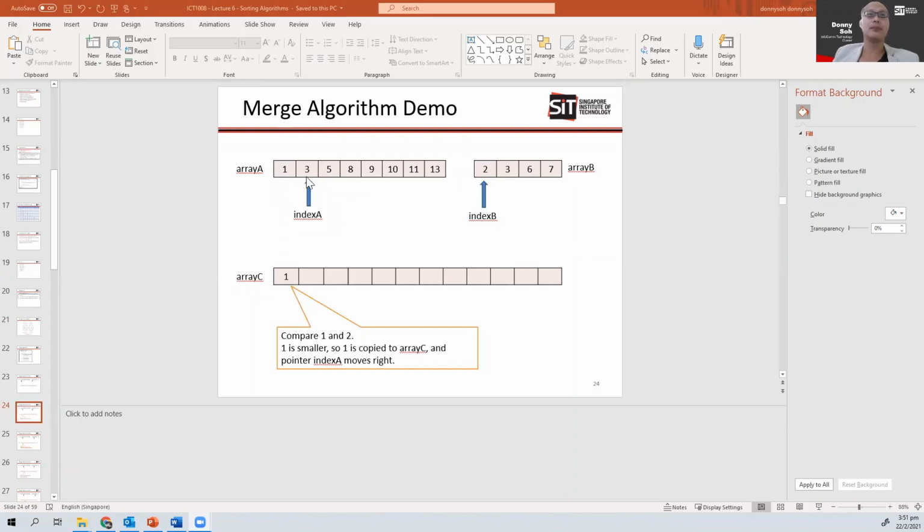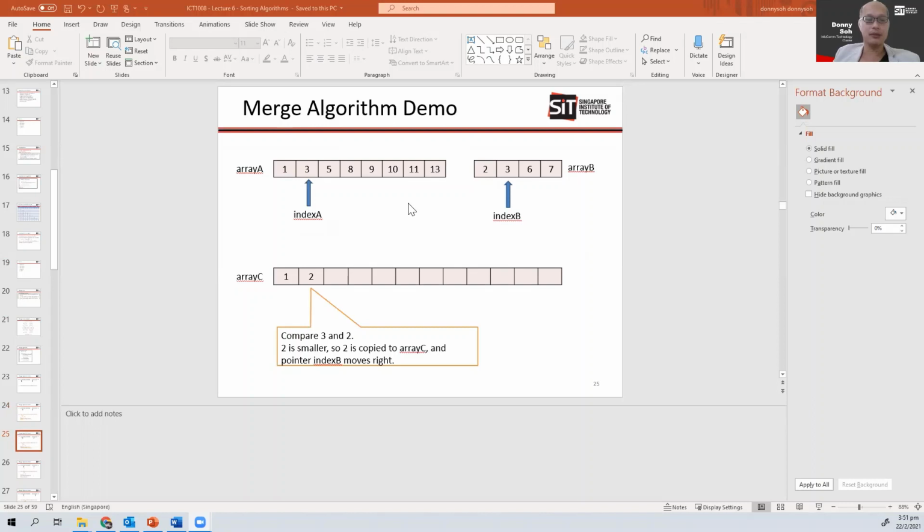Next, we'll compare 3 and 2. 2 is smaller than 3, and so 2 will be placed in the array C, and index B will be moved to the right. Then again, 3 and 3. So at this point in time, we have two numbers that are the same, so we now have a choice of which one to take.